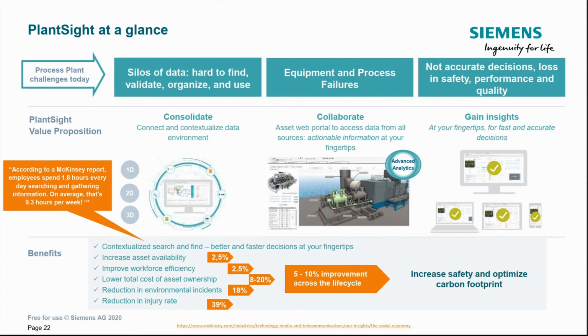And the last thing I want to mention here is a very basic benefit. According to this McKinsey report, a typical employee spends 1.8 hours every day, that means something like 9 hours per week, searching and gathering information.